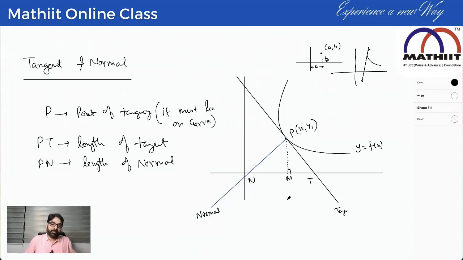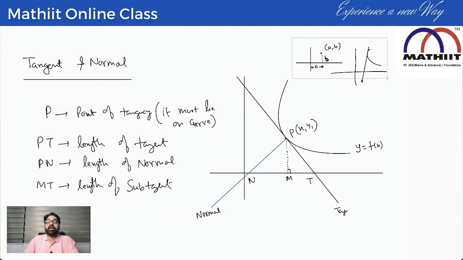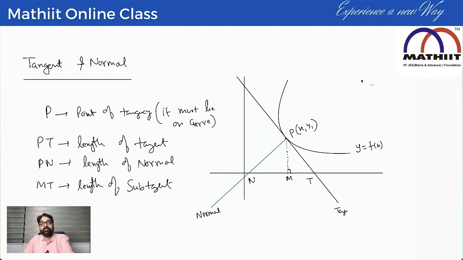Now, listen carefully. This MT is called the length of subtangent. What is this subtangent? Some people may never have heard. Subtangent is nothing but the projection of tangent on the x-axis. In physics, all of you study components.